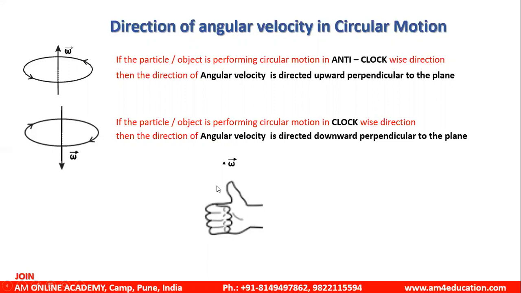If you turn your hand upside down, the outstretched thumb will be directed downward and the curled fingers will be in clockwise sense. In that case, the direction of angular velocity is downward. So in this way, we can find the direction of angular velocity in circular motion.